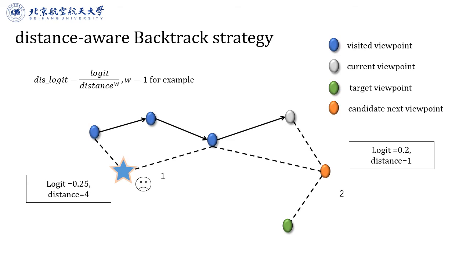And the logit for these two viewpoints is shown above. If we use this logit to replace the logit before, the agent will go to viewpoint 2 directly. In this way, it will reduce the backtrack cost for navigation.